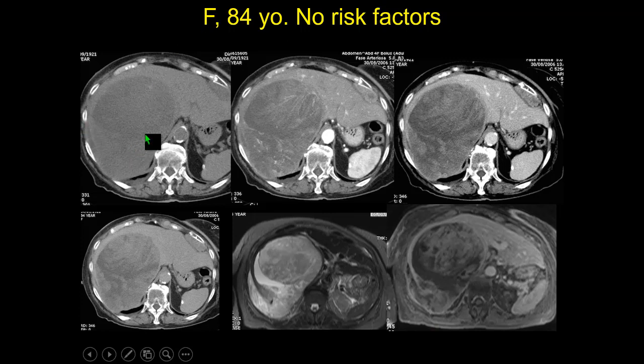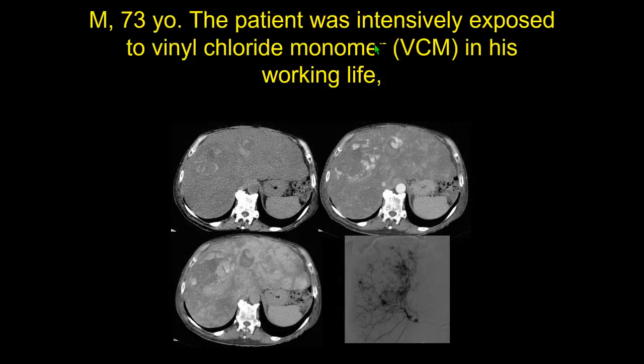We can see also some brightness in unenhanced CT due to the presence of a small hemorrhage, and you can see this diffuse enhancement. Progressive, not a globular enhancement, and this was an angiosarcoma as a unique large lesion.